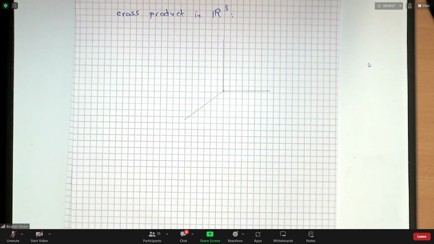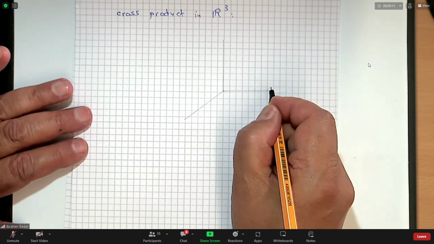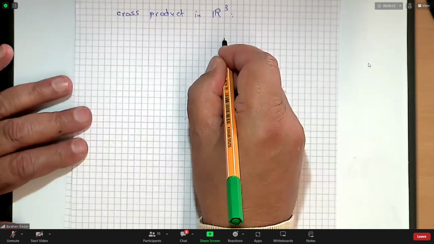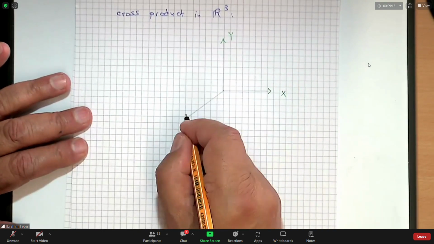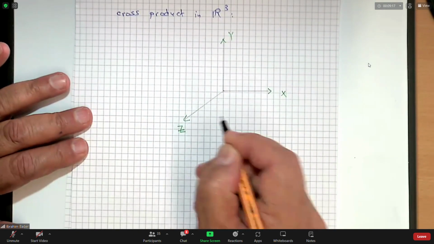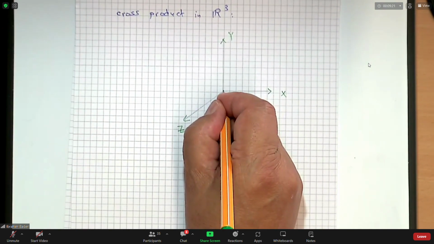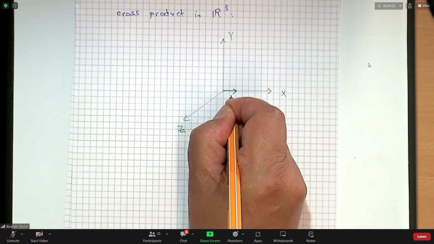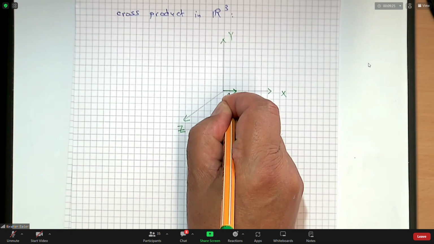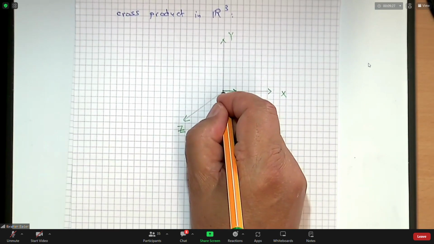Okay, now we will agree on the following. This is the x-axis, this is the y-axis, and this is the z-axis. I'm going to define the unit vector here as a vector that is I. Maybe at the beginning we will use a hat on top of it.